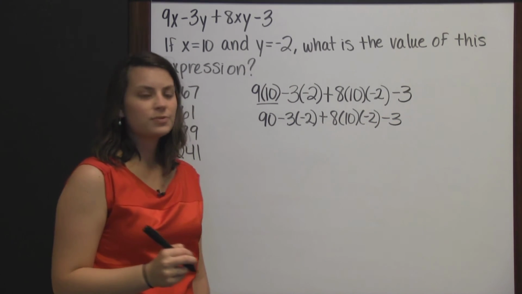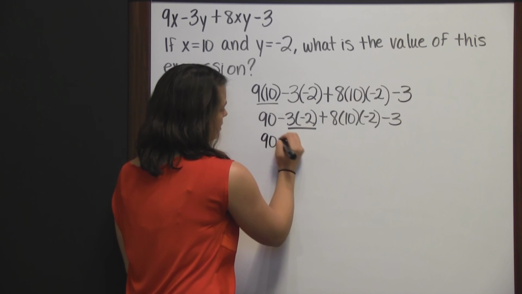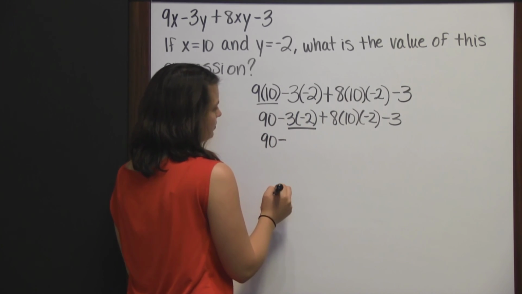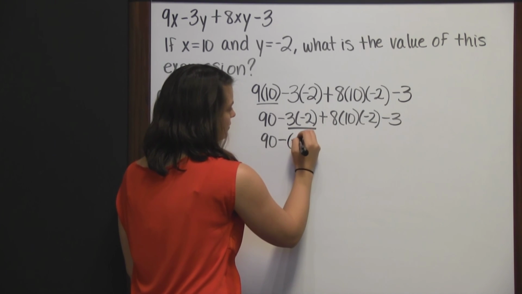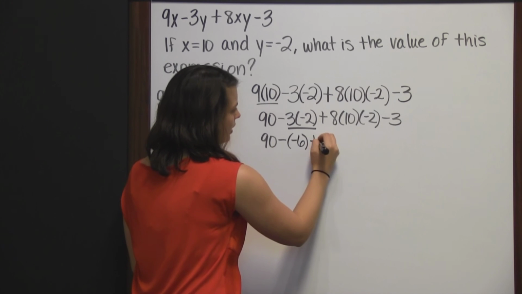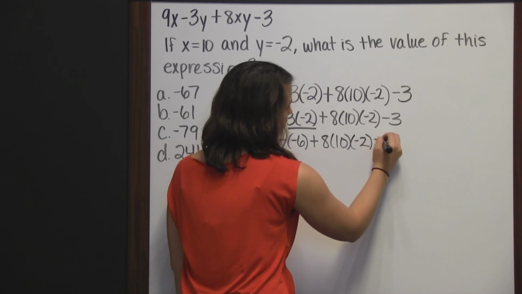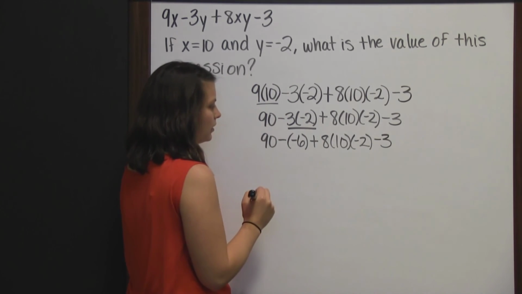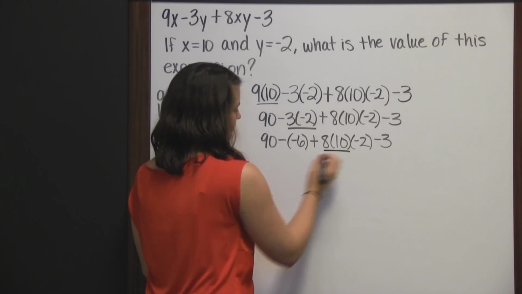Our next set of multiplication would be right here. So I'm going to bring down my 90 minus 3 times negative 2 is negative 6 plus 8 times 10 times negative 2 minus 3. Our next set of multiplication would be 8 times 10.